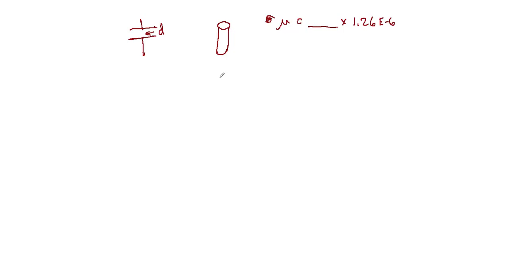Alright, so if we want to know what the actual value in inductance is, we will take that relative permittivity, alright, and we're going to multiply it by the cross-sectional area, which is this right here, okay, that area, and we're going to multiply it again by the number of turns that we do on this thing.